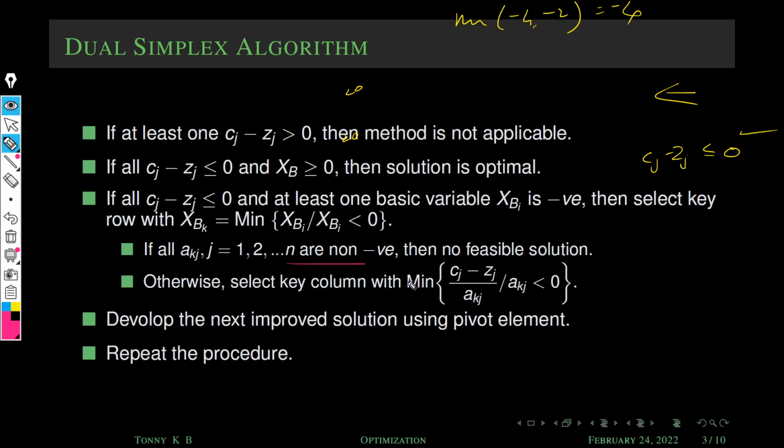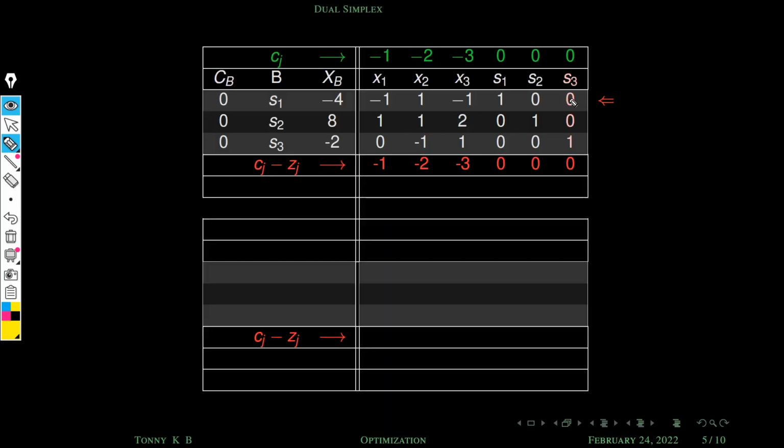That is our key column. These are the elements corresponding to our key row. Yes, it contains two negative entries. If all the entries are non-negative, then there is no feasible solution. But here it contains two negatives.